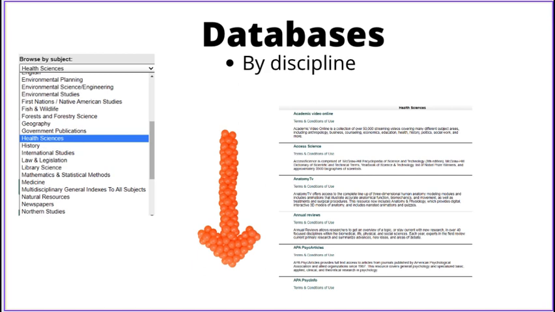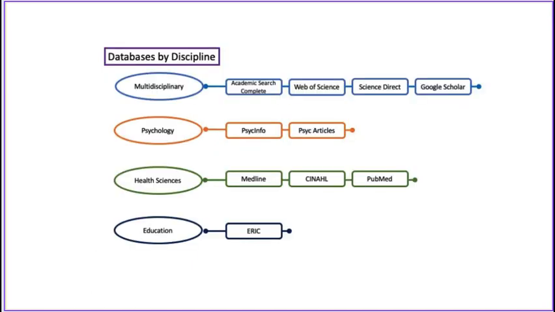It's important that you identify the feeder disciplines, so the other disciplines that could potentially inform your area of research. Here's an example of a list that I used in order to conduct a search. So depending on your particular research question, the first step would be identifying the different disciplines that inform my area of study.